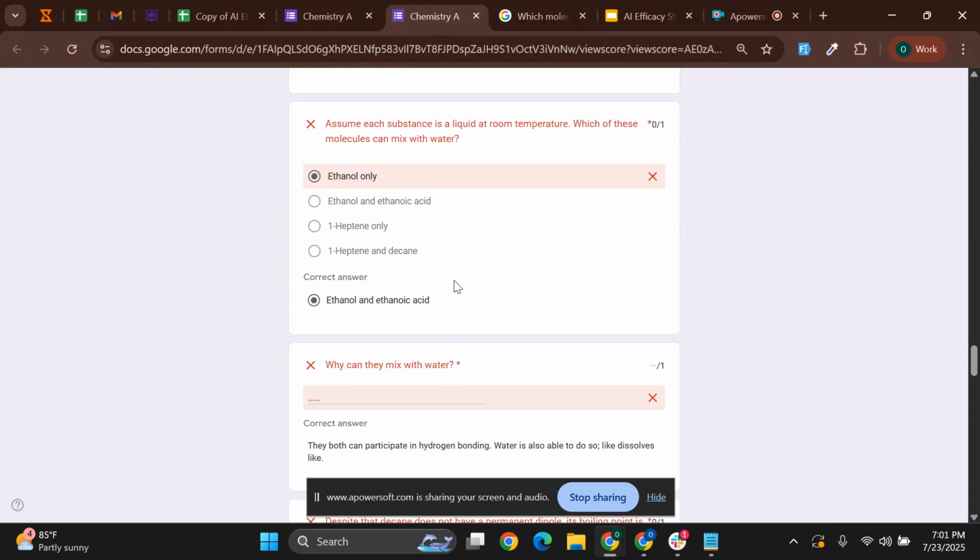Assume each substance is a liquid at room temperature. Which of these following molecules can mix with water?